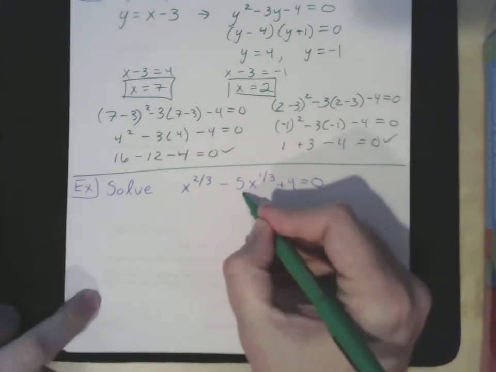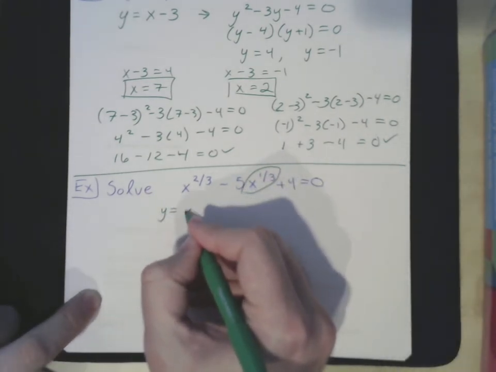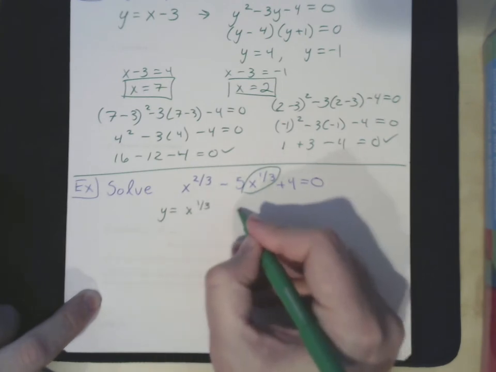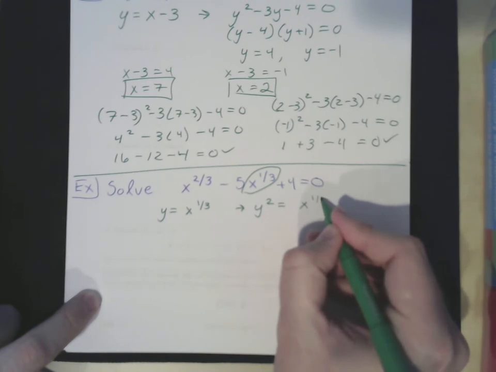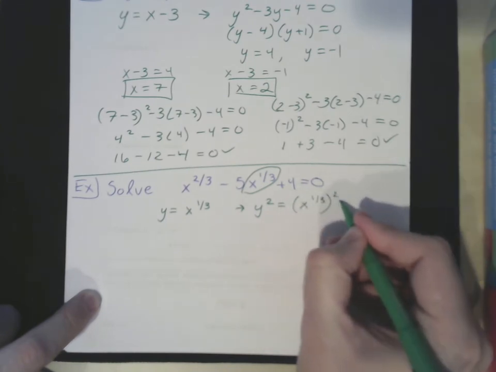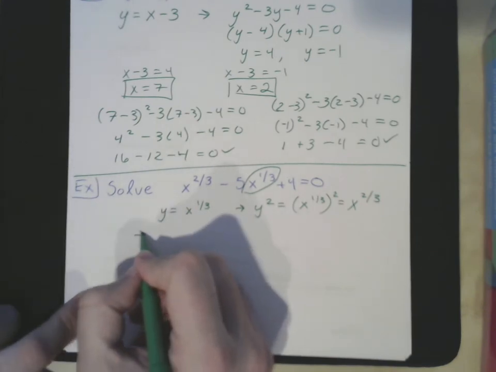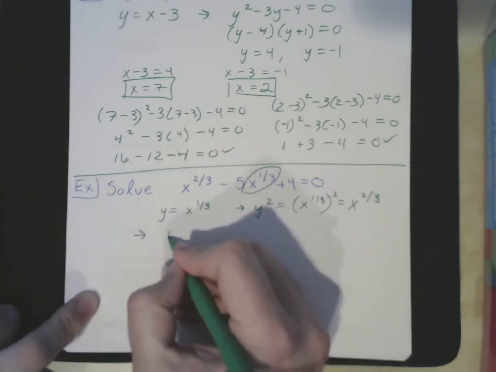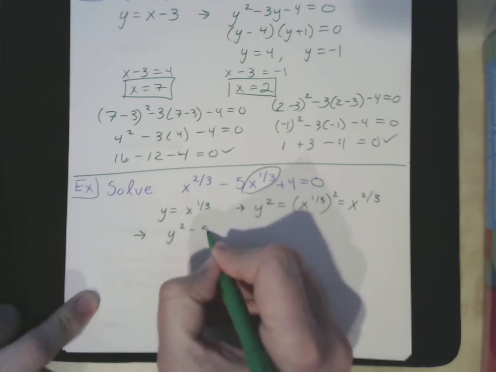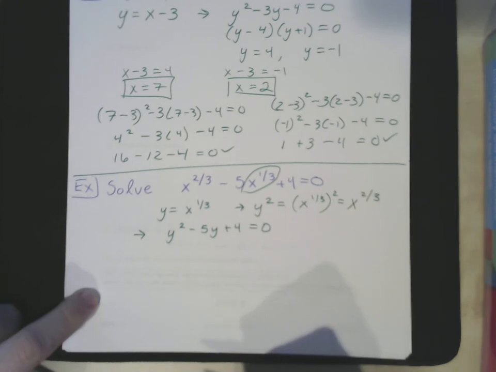We're always going to key in on this term. So we'll set y equal to x to the 1/3. That makes y squared equal to x to the 1/3 squared, or x to the 2/3. So swapping out x's for y's in the original, we have y squared minus 5y plus 4 equals 0.